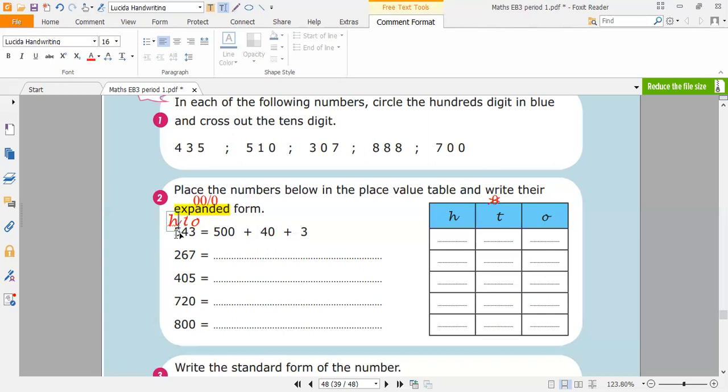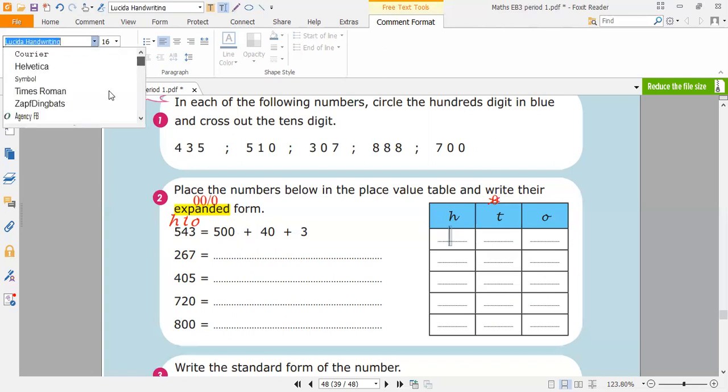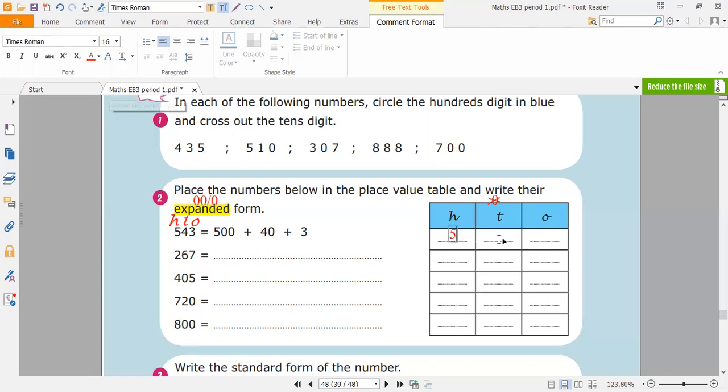So I will write 500, 5 and 2 zeros, plus 40, 4 tens and 1 zero, plus 3, no zeros in the ones. Now, how many hundreds do I have here? Who can tell me? I have 5 in the hundreds, 4 in the tens, and 3 in the ones.